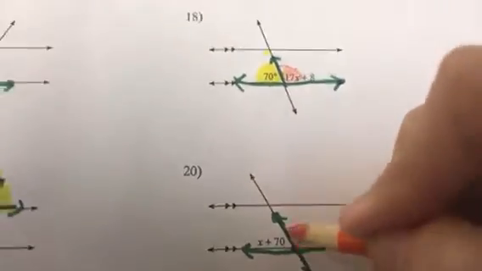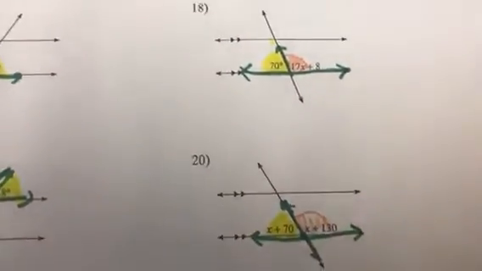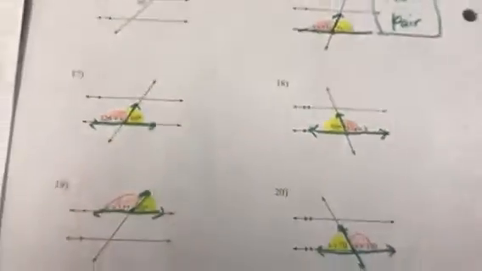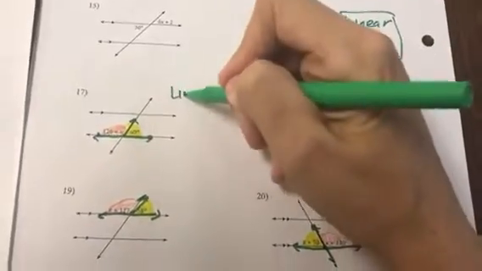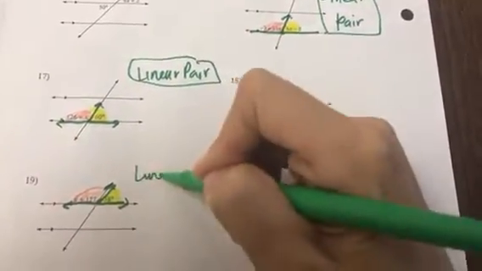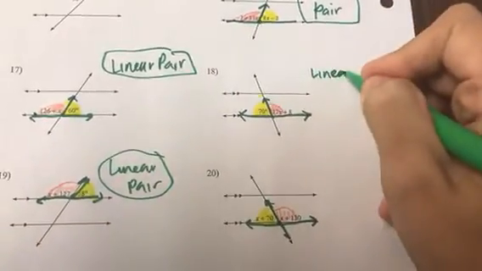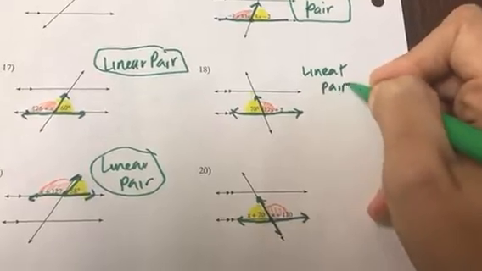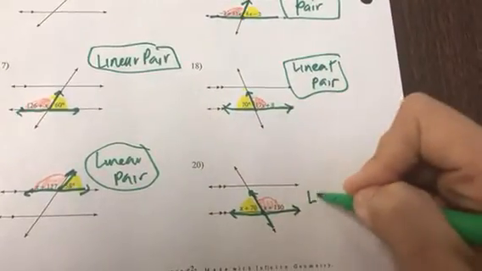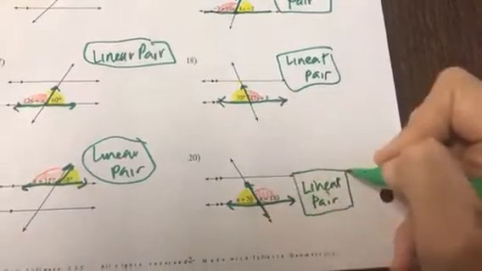An obtuse angle and an acute angle are touching, and together they form a straight line. All of these, I'm going to put linear pair, linear pair, linear pair, and linear pair.